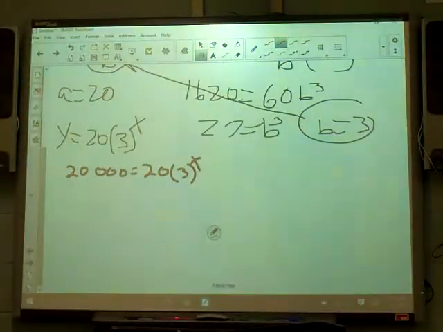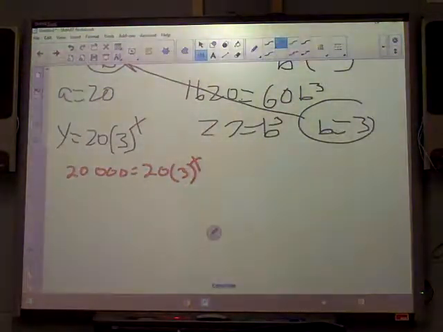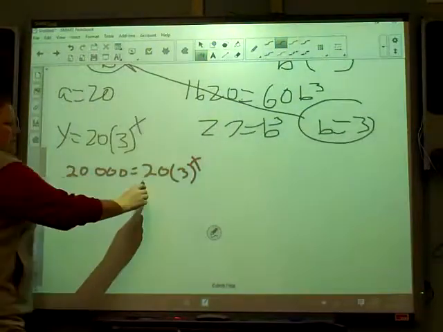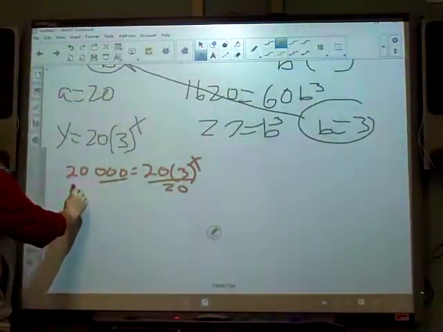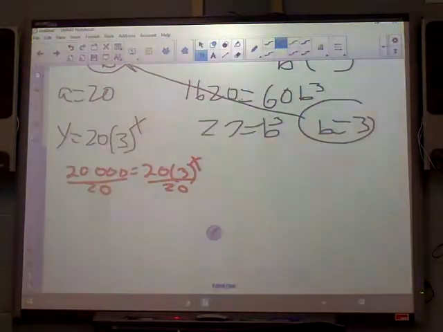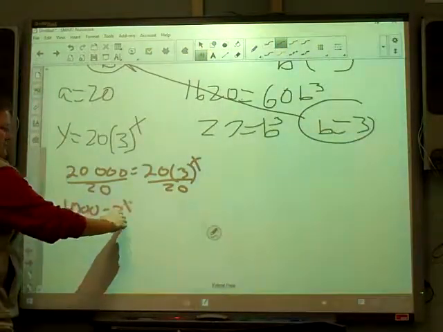What do you think you'd do first to start solving that? Get rid of the 20. That's your extra junk there. So we're going to divide both sides by 20. What does that get us? 1,000 equals 3 to the x.